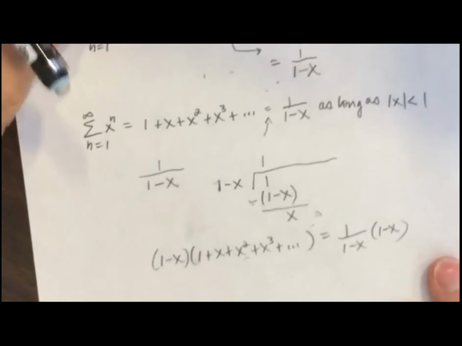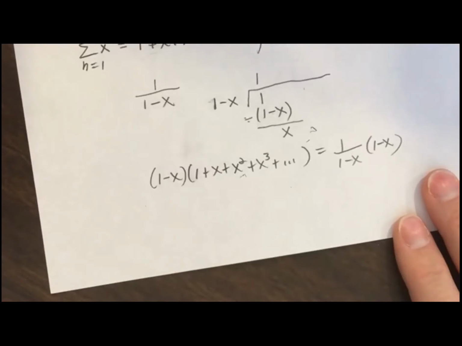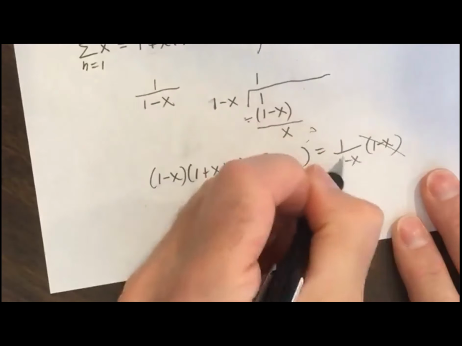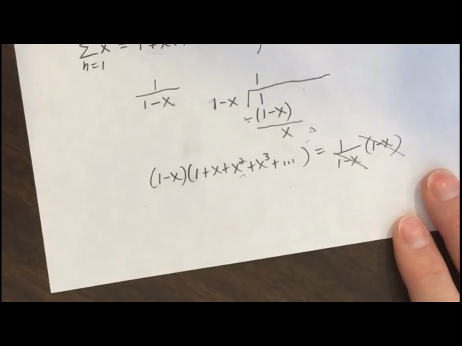You say, well, that looks like kind of reasonable algebra. This side I get what? 1, yeah? As long as x isn't 1, right? If it's 1, then we got a problem because we're dividing by 0, okay?